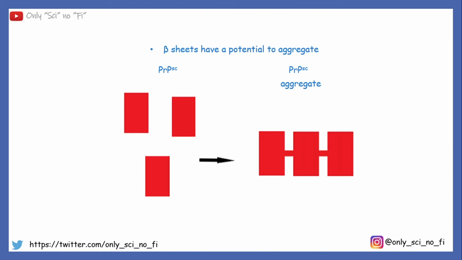Now, if because of some mutation there is a formation of PrPSc proteins, suppose there are three PrPSc proteins, these form aggregates via non-covalent interactions. As I mentioned, the brain has these PrP proteins.